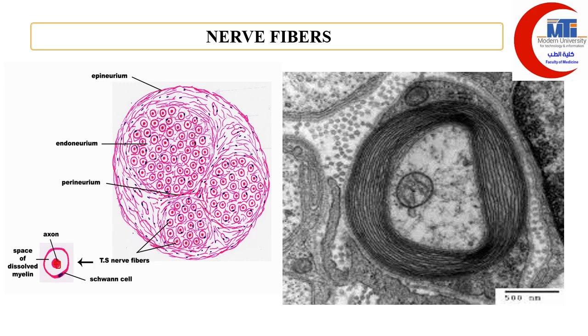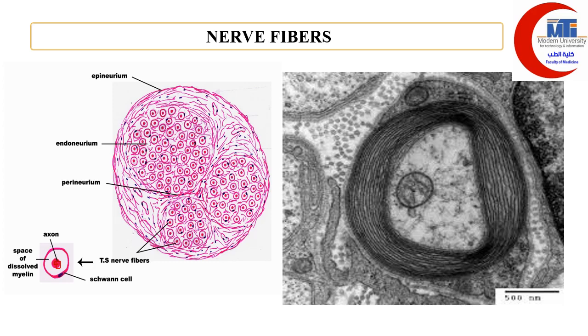Around a nerve fiber bundle is called perineurium. Around the nerve trunk is called epineurium. So we have three connective tissue sheaths: endoneurium around the individual fiber, perineurium surrounding bundles, and epineurium surrounding the whole nerve trunk.